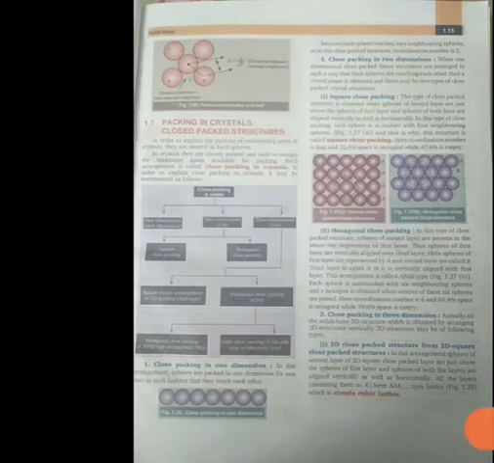And students, for close packing, that is hexagonal, from the word it is clear that hexagonal represents something having 6 numbers. So if we are going to draw the hexagonal close packing, then the spheres of the second layer are present above the depression of the first layer.